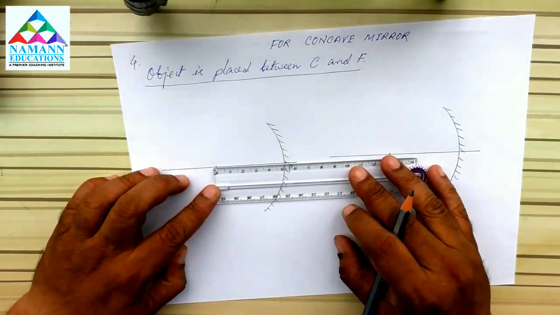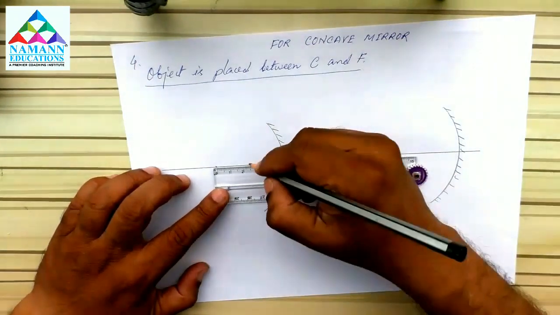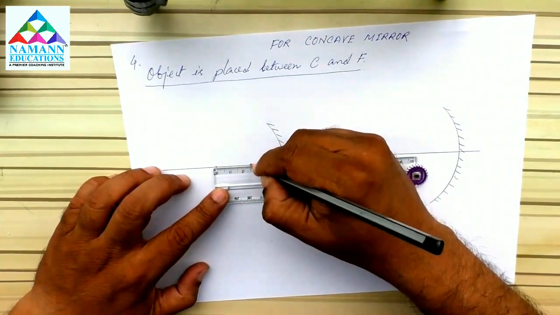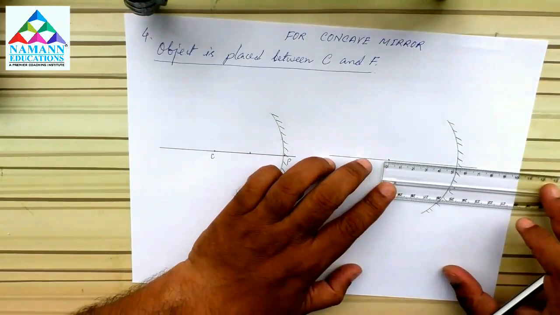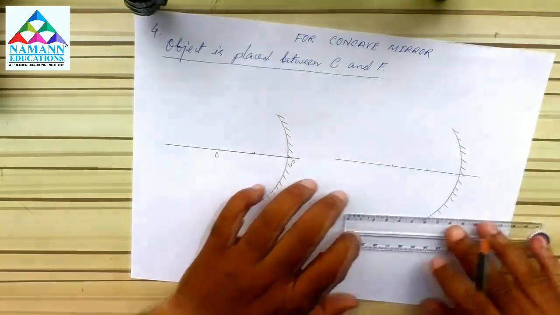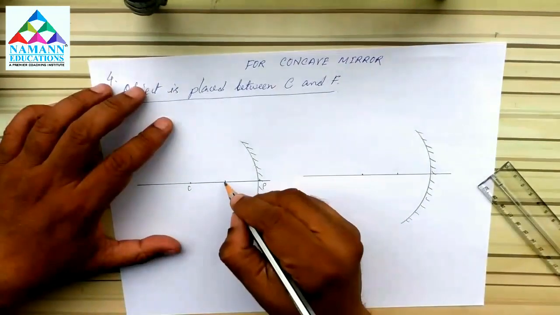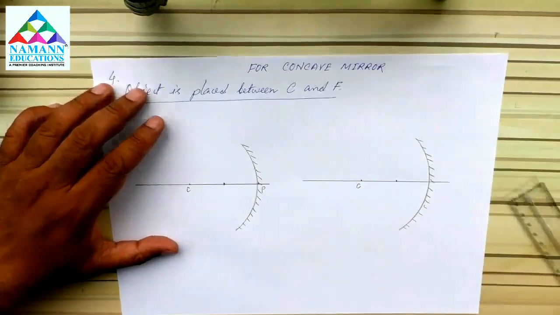So 2.5 centimeter is the principal focus. So this point is the focus, and this is center of curvature. This is pole.